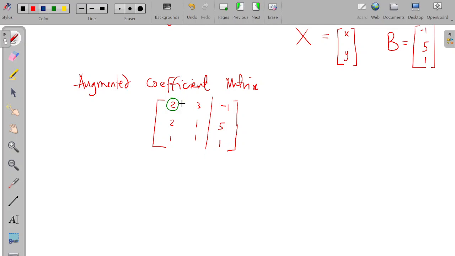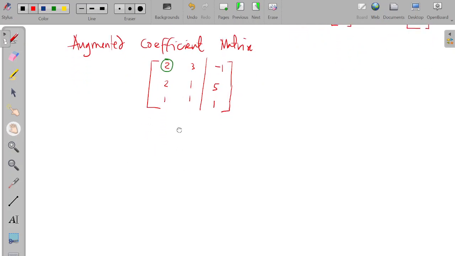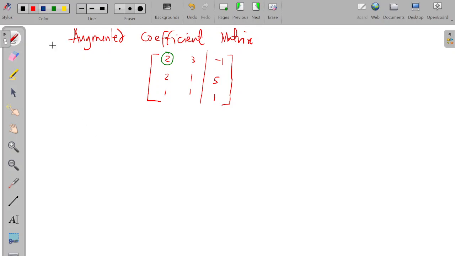All right, so the first thing is to make this a leading one. To make it a leading one, I can either interchange row 3 with row 1, or I just divide row 1 by 2 so that I get a 1 there. I will go by that so that you can follow me.